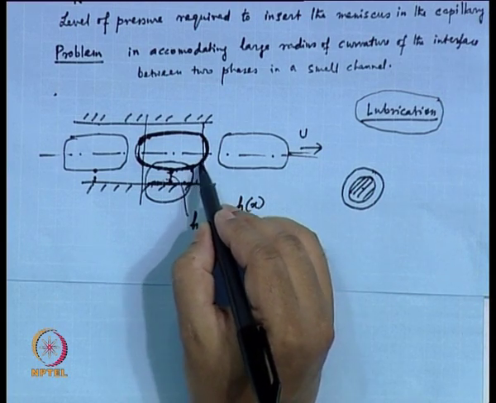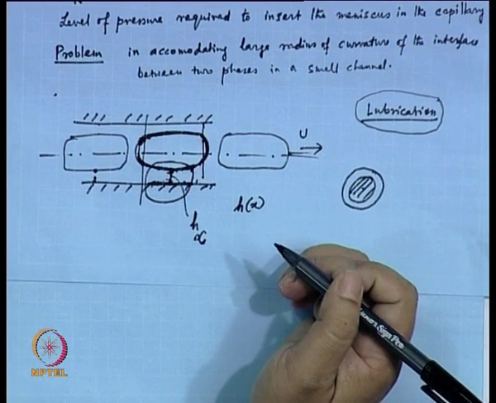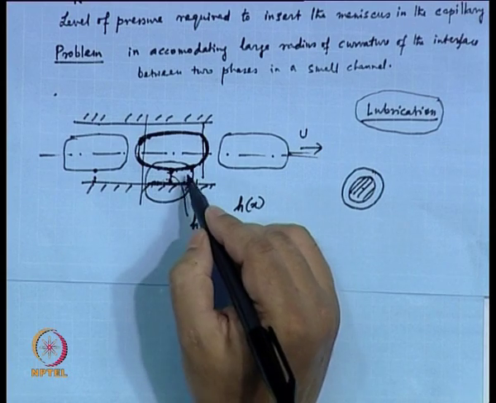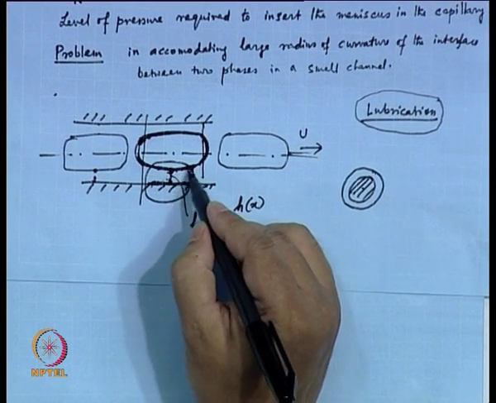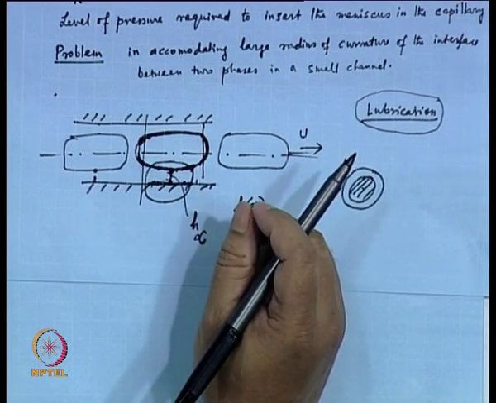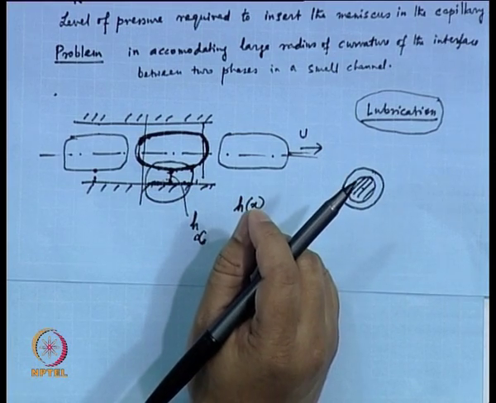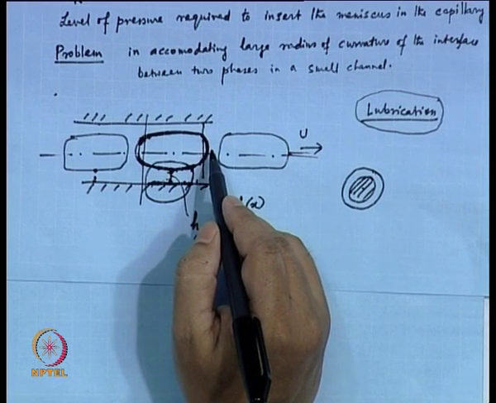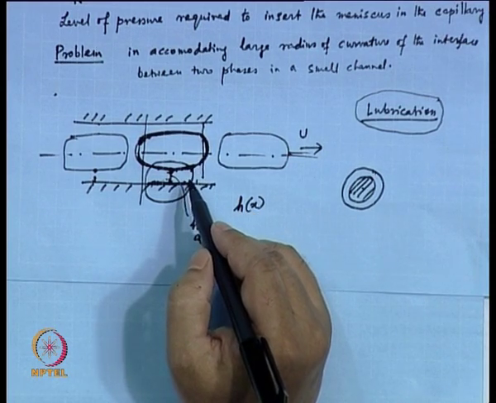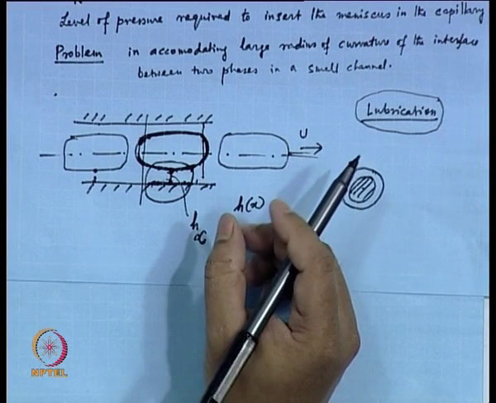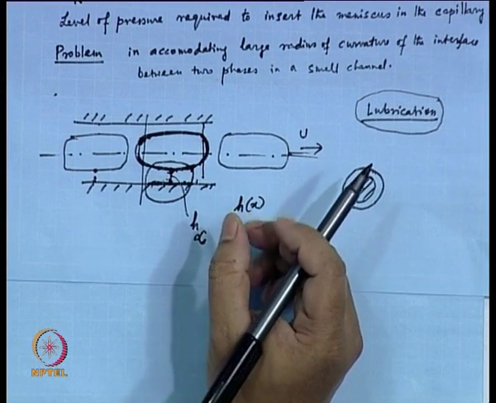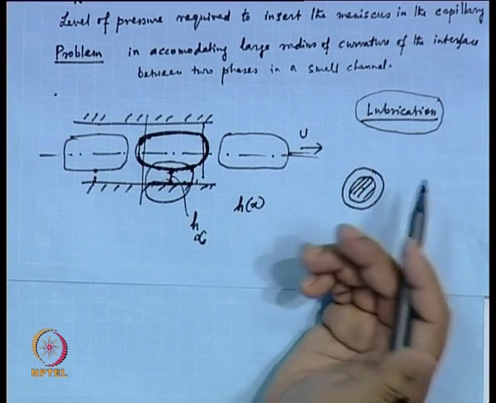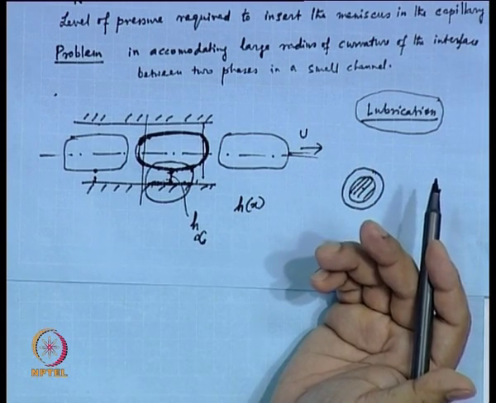Now, there are a lot of other issues involved. In fact, for the bubble here, you will find that the force arising from surface tension is not uniform everywhere. In some places it is more and in some places it is less, and that will cause surfactants to be loaded in one place and an absence of surfactant in other places.